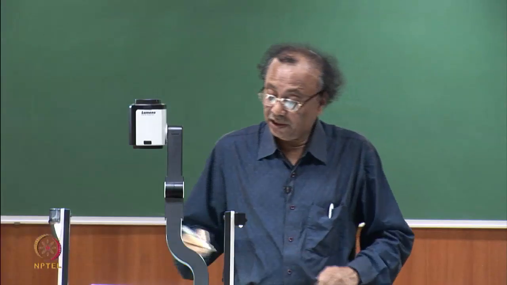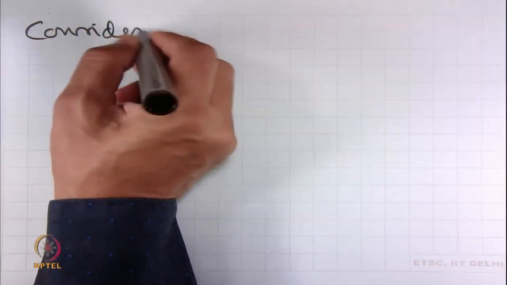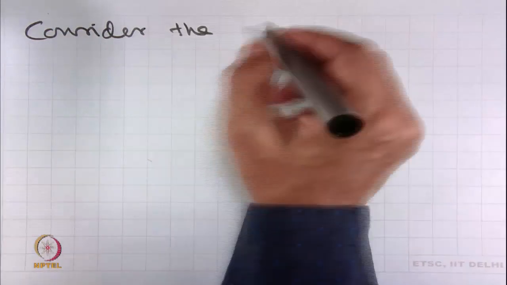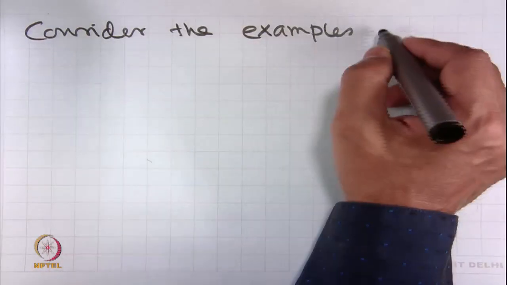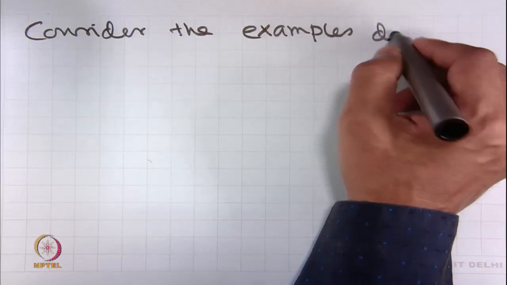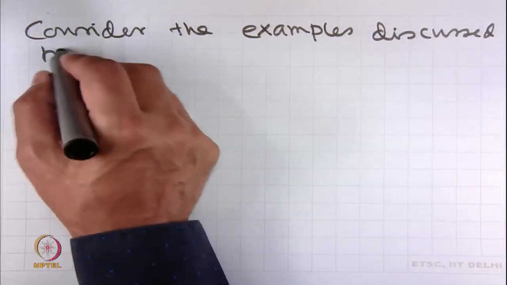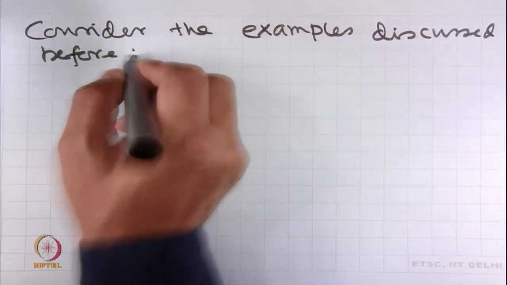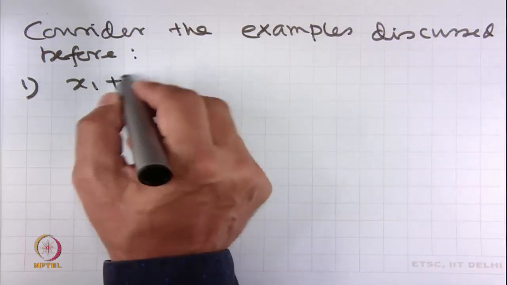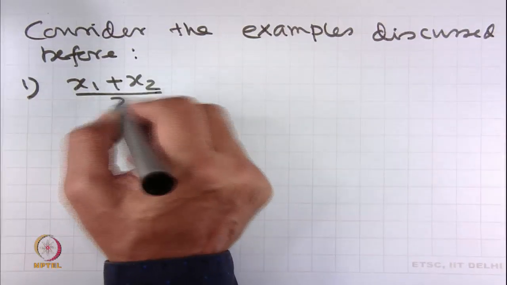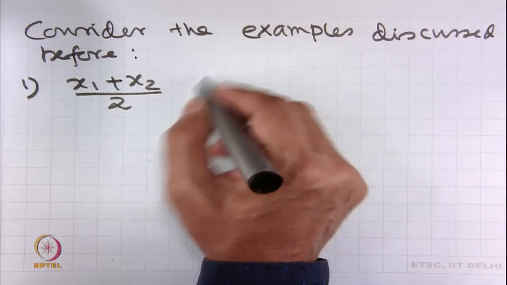Let us now consider the example we had, x 1 plus x 2 by 2. It is unbiased.